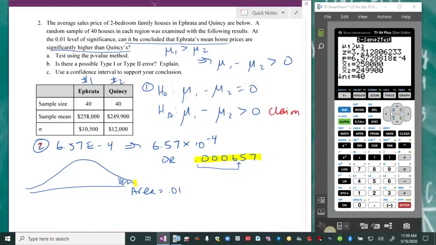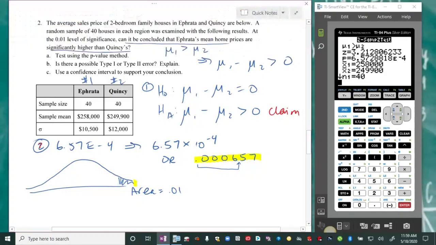So our conclusion, let's do our decision first, actually. So step number 3, I still live in the rejection area. So I reject the null hypothesis. And I'm doing that because my p-value fits inside, or it's smaller than, my significance level. So it fits inside that rejection area.